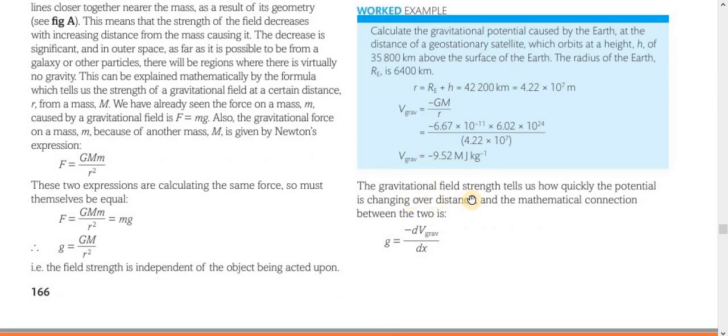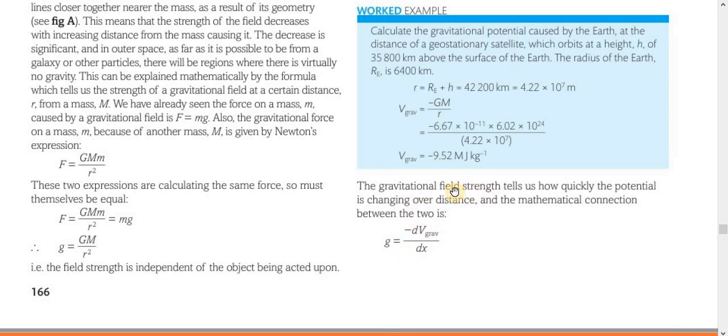The gravitational field strength tells us how quickly the potential is changing over distance, and the mathematical connection between the two is, here it's a differentiation, g is equal to minus dV over dx. Those students who are doing mathematics may be able to understand this.